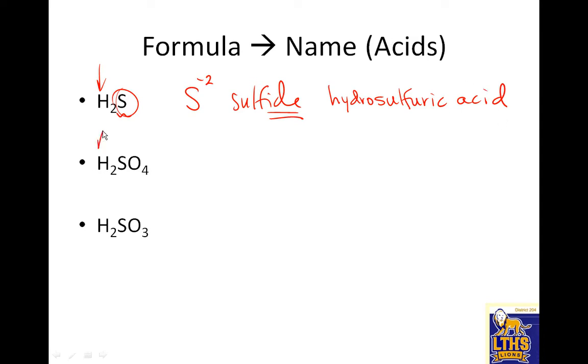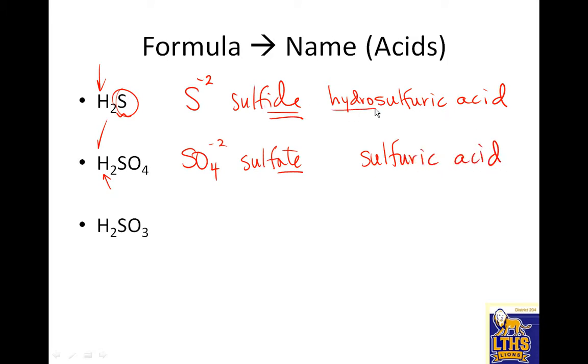Hydrosulfuric acid. Hello, I'm hydrogen. I start with hydrogen. It must be an acid. All right, so SO4 is the anion part, and we know it's a negative 2 charge. That's sulfate. Okay, ate turns into sulfuric acid. All right, so ide, hydro-ic acid, ate is ic acid.